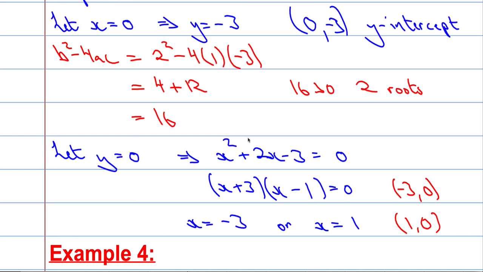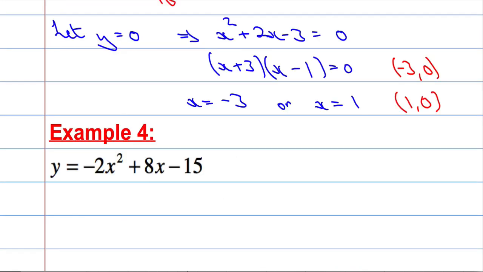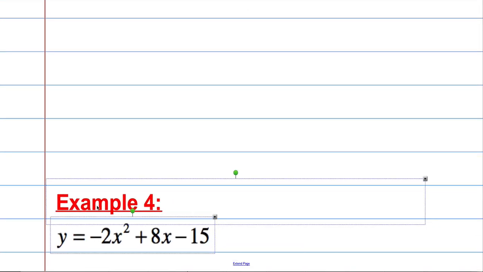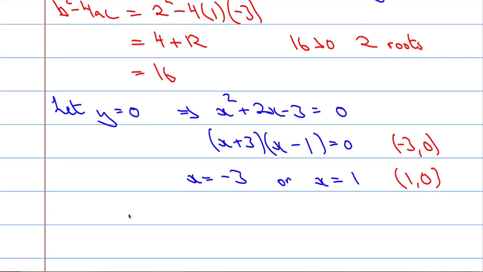So now I might be able to sketch it, but I'm going to go for one more piece of information. In order to do that, I'm going to need more space. So example 3 and example 4 have been shifted. Let's move you down to there for now. Right, so the last thing I'm going to do is complete the square. We had y equals x squared plus 2x minus 3.